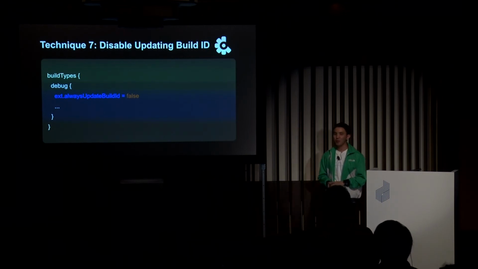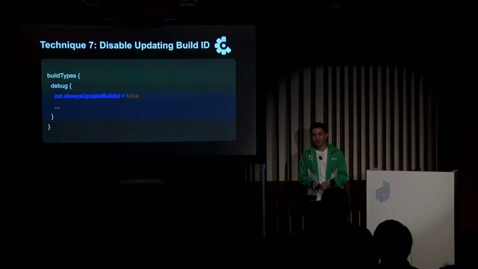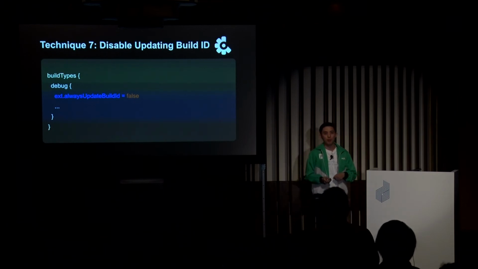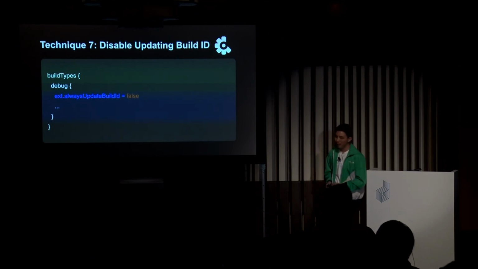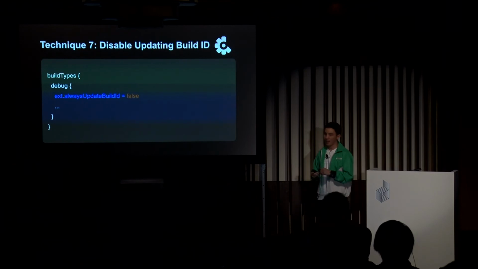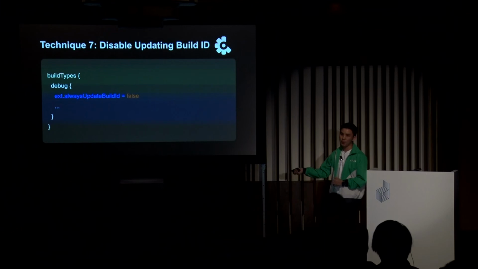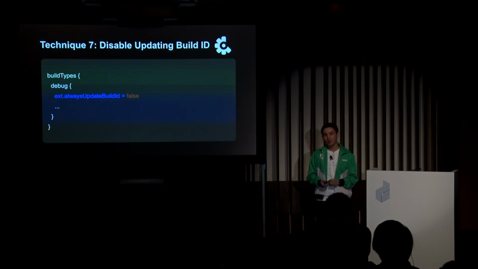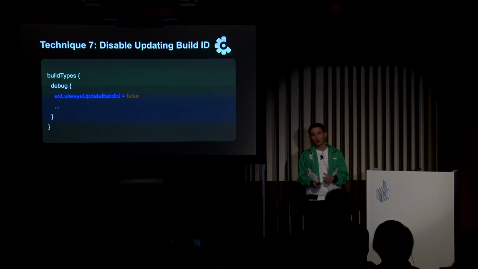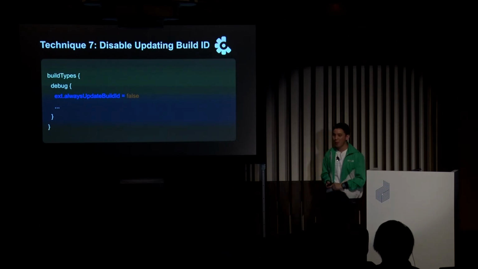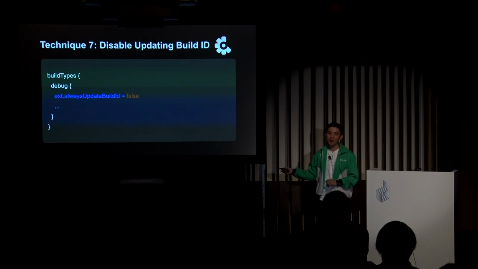So you may not know, every time you build your application, Firebase Crashlytics will regenerate the build ID, and it takes time to do this. So to avoid it, the Crashlytics team provides a flag that you can set, the property ext alwaysUpdateBuildId, to false in the debug block in the Gradle file. So every time you build, Crashlytics will skip regenerating the ID for you. But please remember, don't forget, just use it in development only.